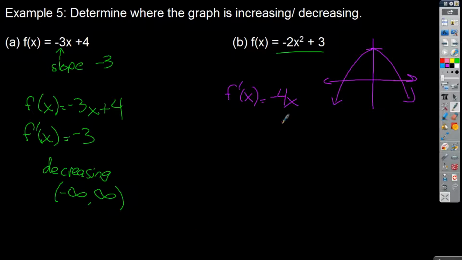I can just say that if x is negative, so when x is less than 0, I'll have a negative times a negative, which is positive. The graph will be increasing. And the graph will be decreasing when x is greater than 0. And at x equals 0, there's a maximum. It's neither increasing nor decreasing. So that's it for this problem.